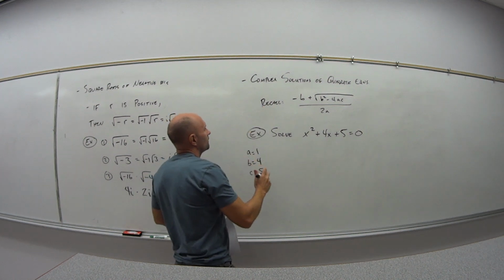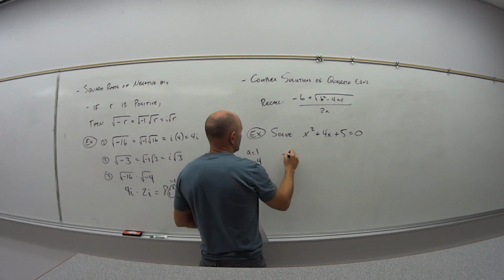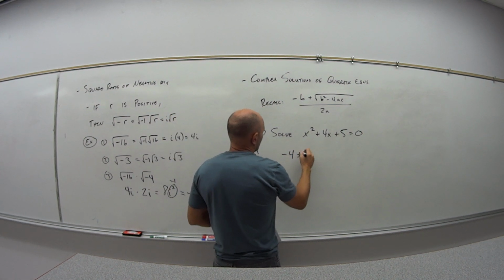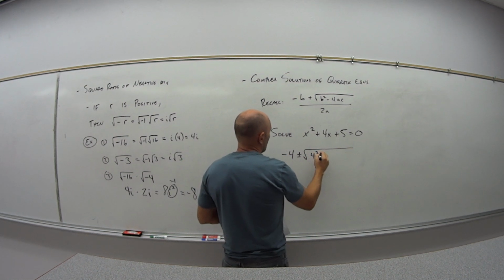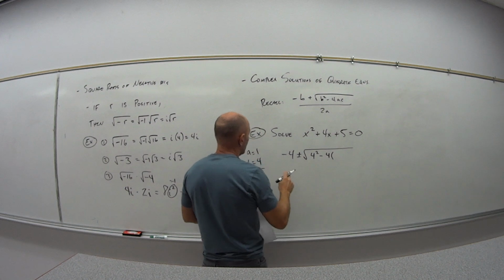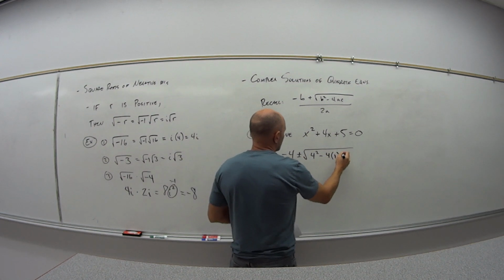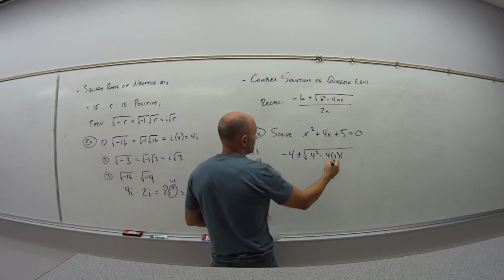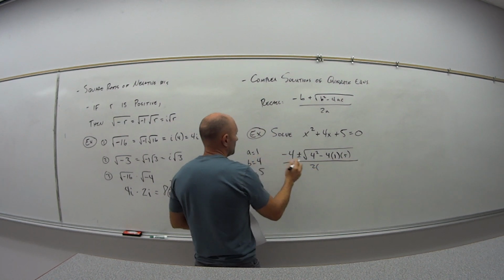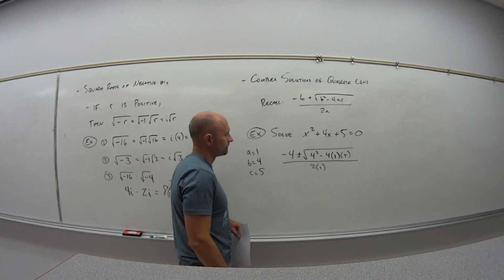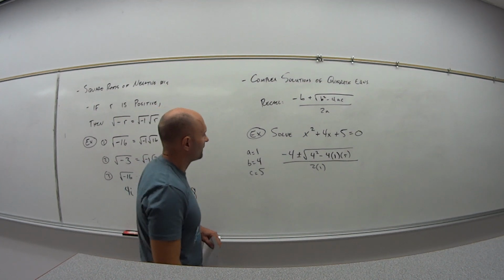If I plug these into the formula, I get negative b, so negative 4, plus or minus the square root of b squared, so 4 squared, minus 4 times a, which is 1, times c, which is 5, all over 2 times a, which is 1. Simplify this, what do we get?